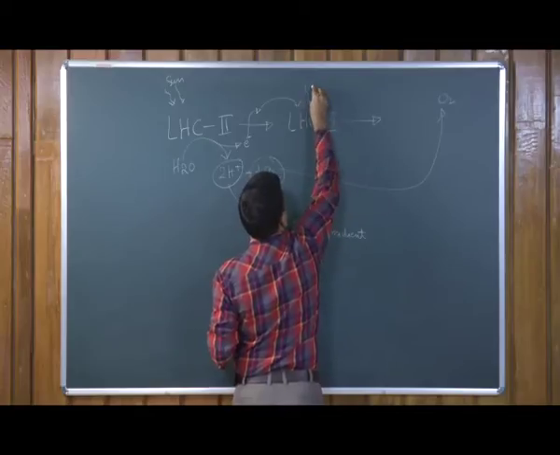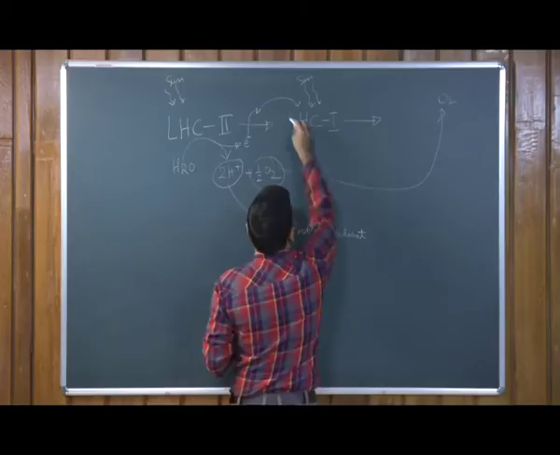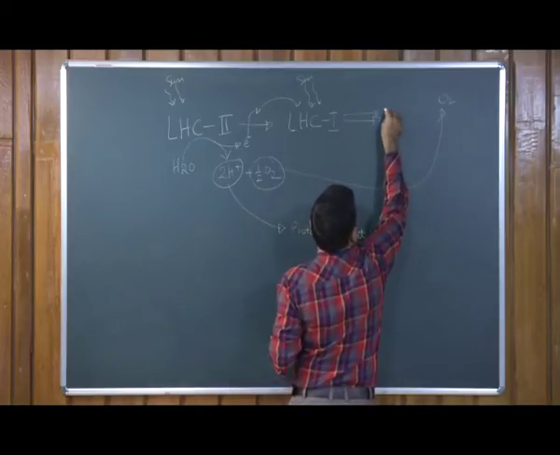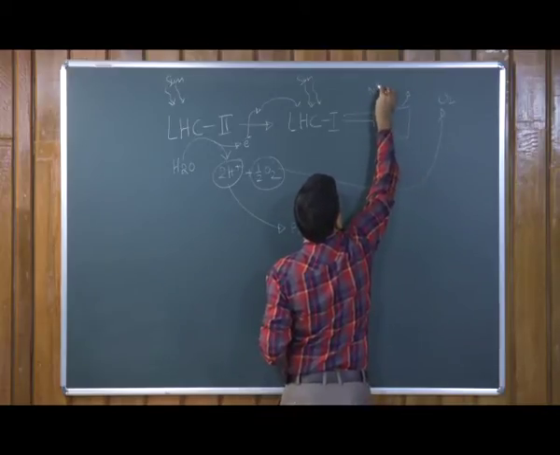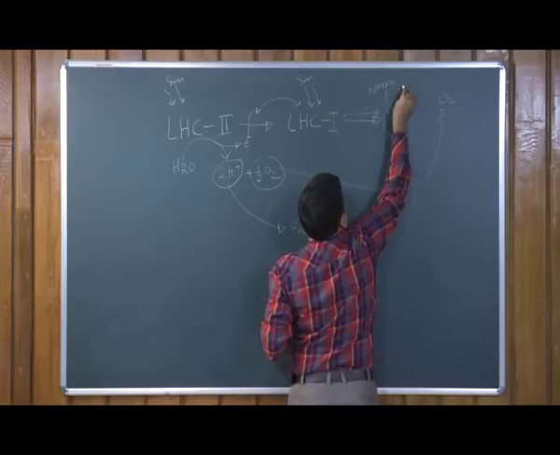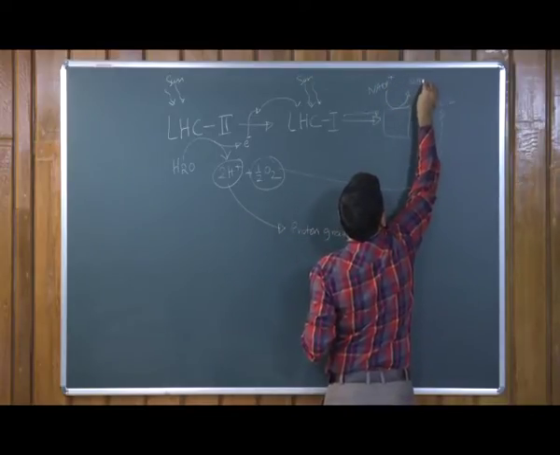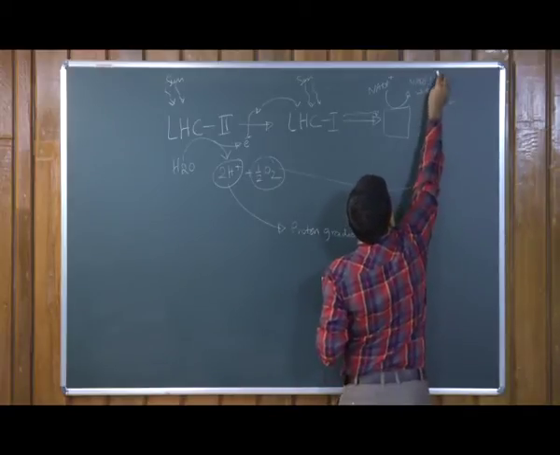Light harvesting complex 1 is also receiving light from the sun, and then ultimately gives this electron to the last complex, which converts NAD plus to NADH plus H plus. So, what is actually happening?